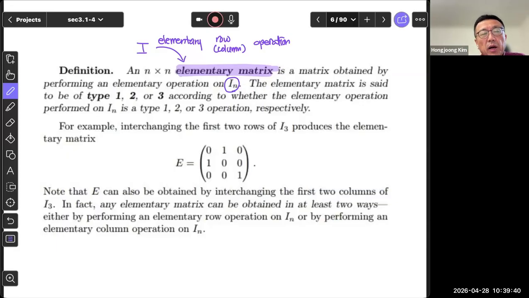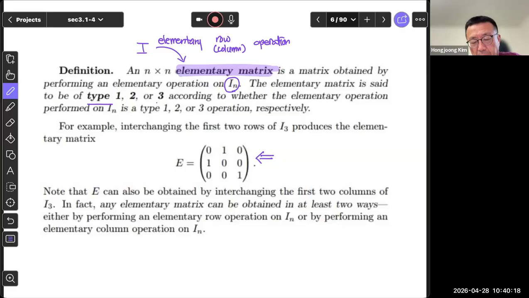Since there are three types of elementary row or column operations, depending on the type of the elementary operation, the elementary matrix will be called an elementary matrix of type 1, type 2, or type 3. If you perform the type 1 elementary operation, in other words the interchange operation, the resulting matrix, something like this, will be the type 1 elementary matrix.